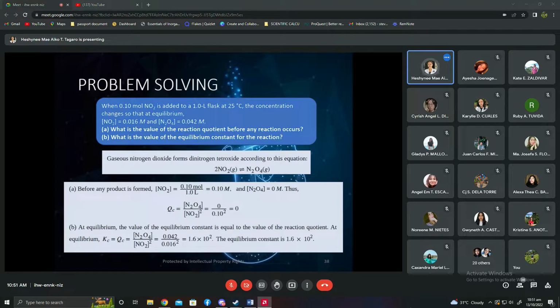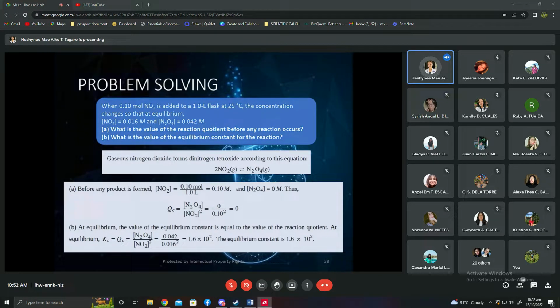Your hint for letter A is before any reaction occurs. Alright? So given in the problem, we have the number of moles of NO2 and the desired volume, which is 1 liter. This will give us the molarity of our NO2. In solving for molarity, 0.10 moles divided by 1 liter. So molarity for NO2 is 0.10 molar.